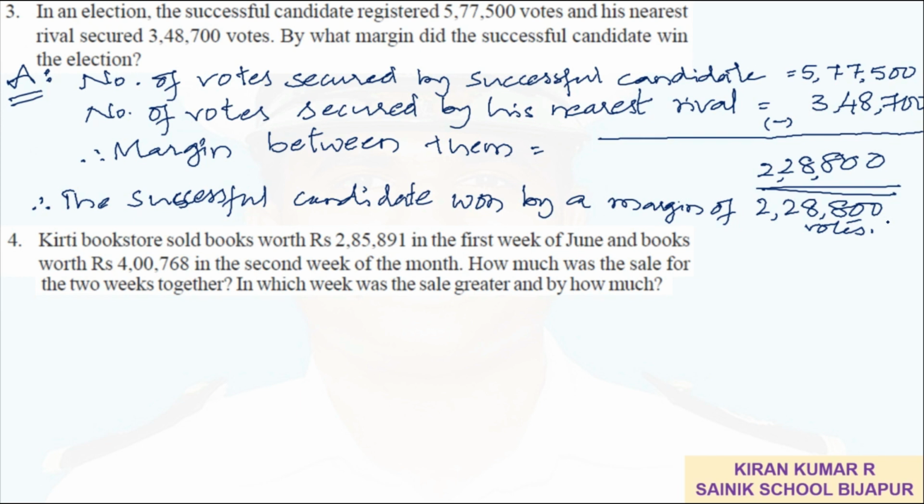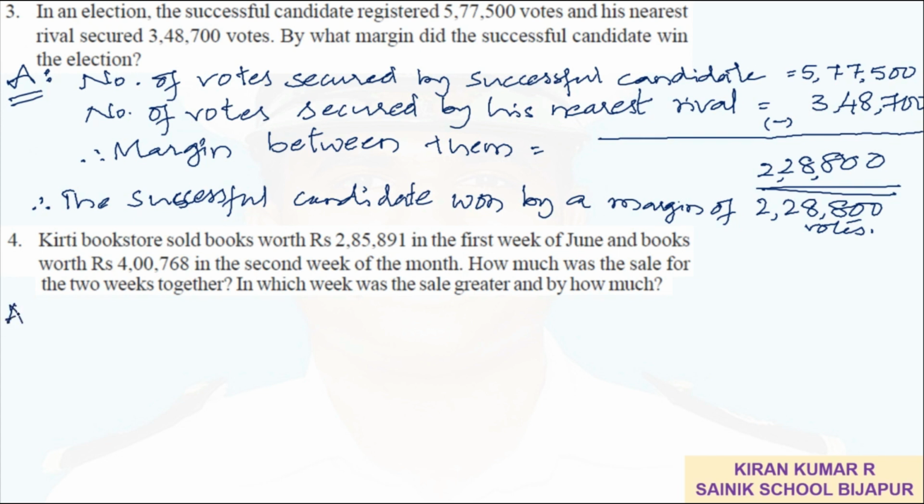In which week was the sale greater and by how much? Here we have to solve it in phases. The first phase is we will find out the total number of books sold. So this part is addition.